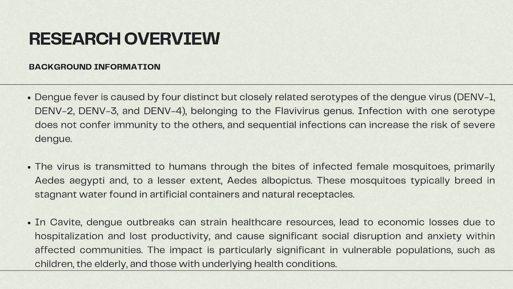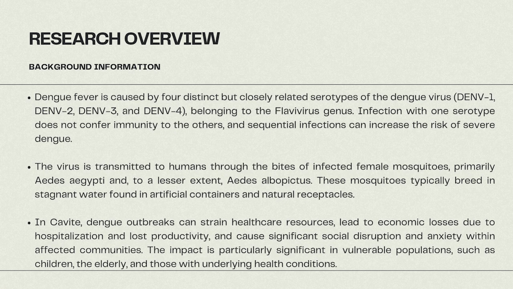For our research overview, starting with the background information, dengue fever is caused by four distinct but closely related serotypes of the dengue virus, which are DENV-1, 2, 3, and 4, belonging to the Flavivirus genus. Infection with one serotype does not confer immunity to the others, and sequential infections can increase the risk of severe dengue.